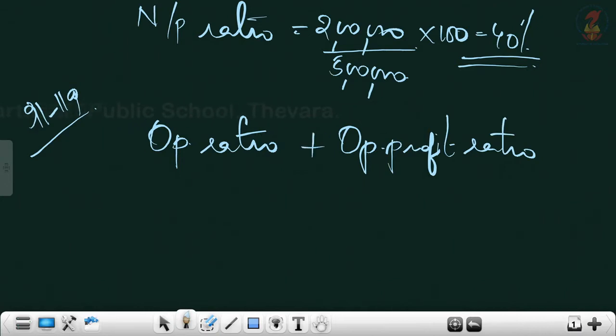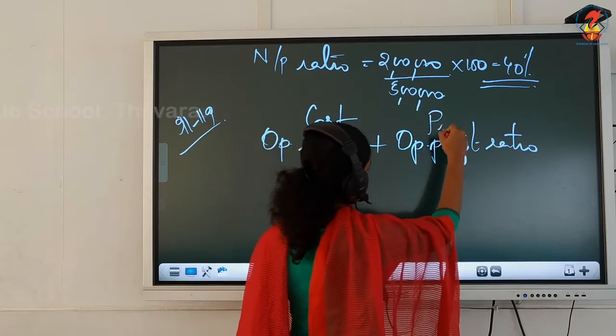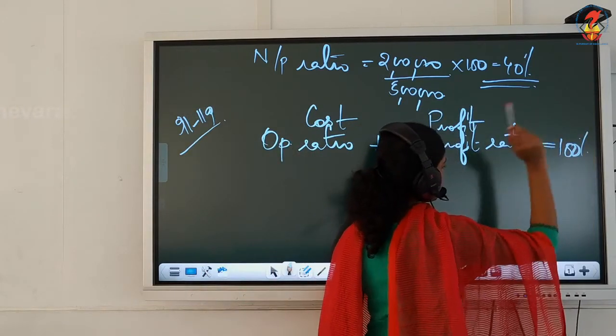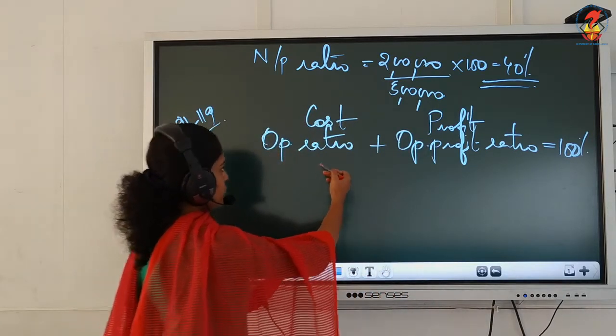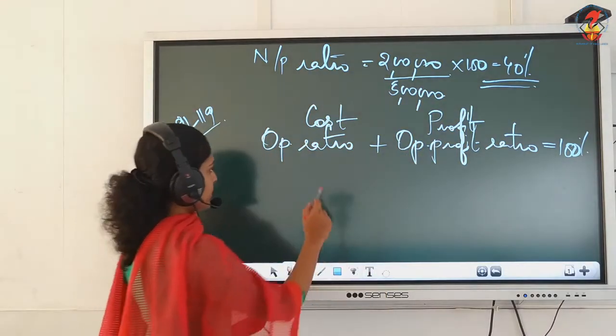That is, if you add these two, this is the cost element, this is the profit element we are analyzing. If you add these two, that will be equal to 100%.